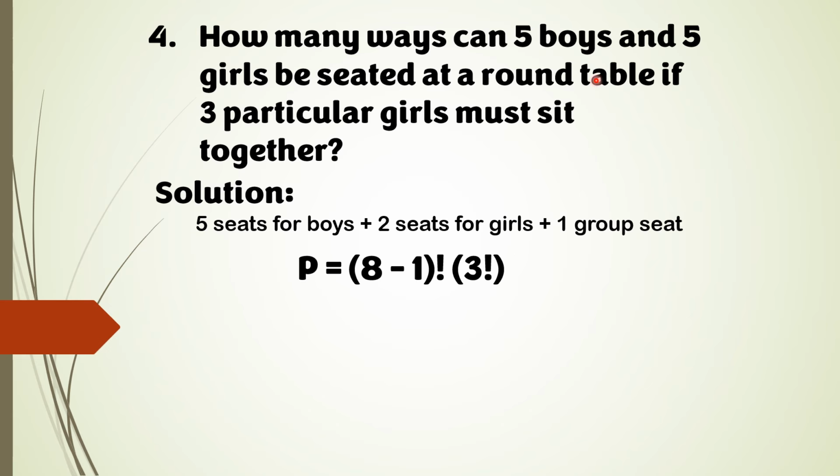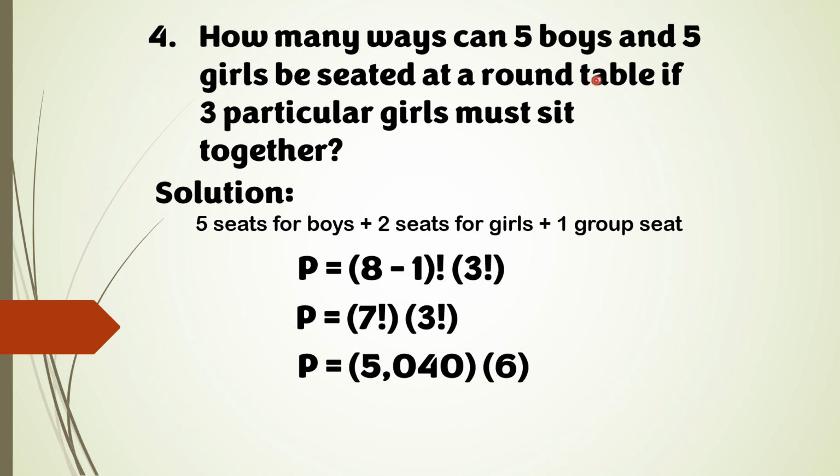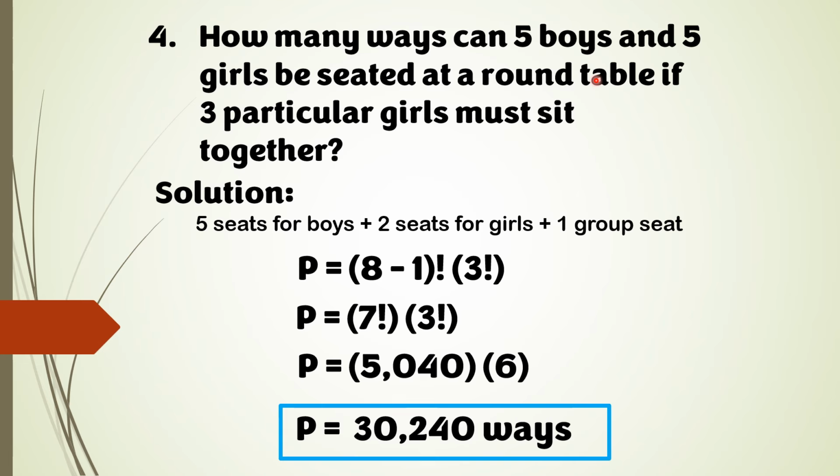And then simplify, 8 minus 1 factorial is equal to 7 factorial, and then times 3 factorial. The value of 7 factorial is 5040, and the value of 3 factorial is 6. So 5040 times 6 is equal to 30,240. So therefore, P is equal to 30,240 ways.